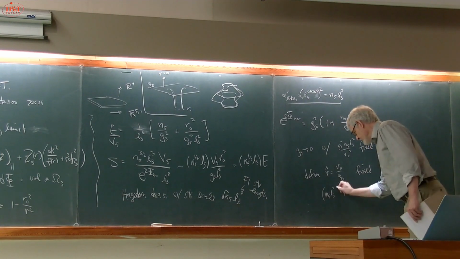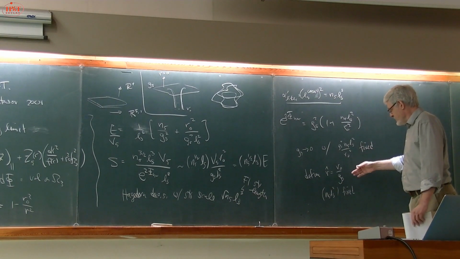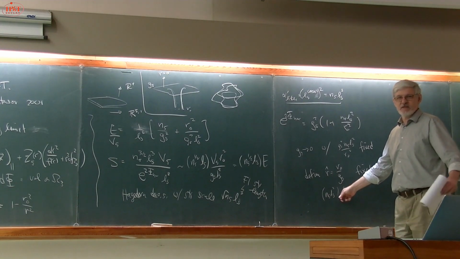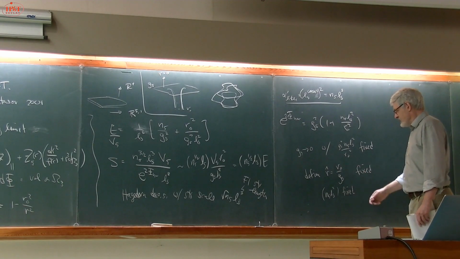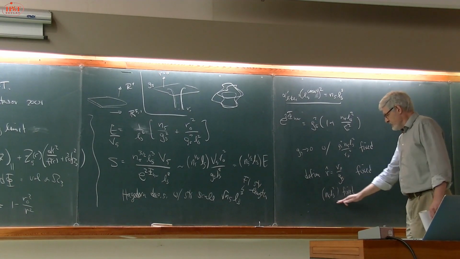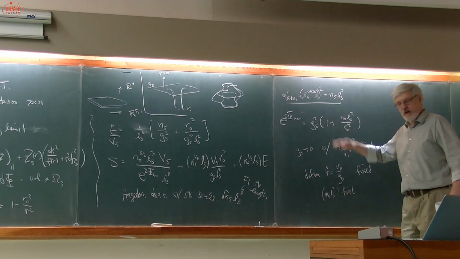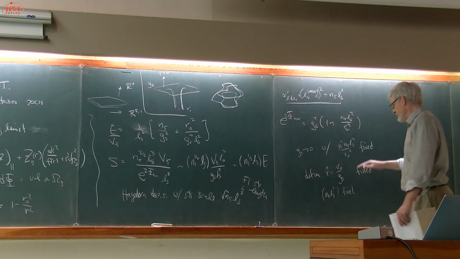What do I mean by that? As usual, these are dimensional, so if I want to say something is fixed, I should be talking about a number. I'm going to keep the ratio of these two scales fixed, which means I'm keeping the little strings in the game because their tension is finite in terms of the energy scales I'm talking about. And I'm keeping, of course, the non-extremality around to talk about.